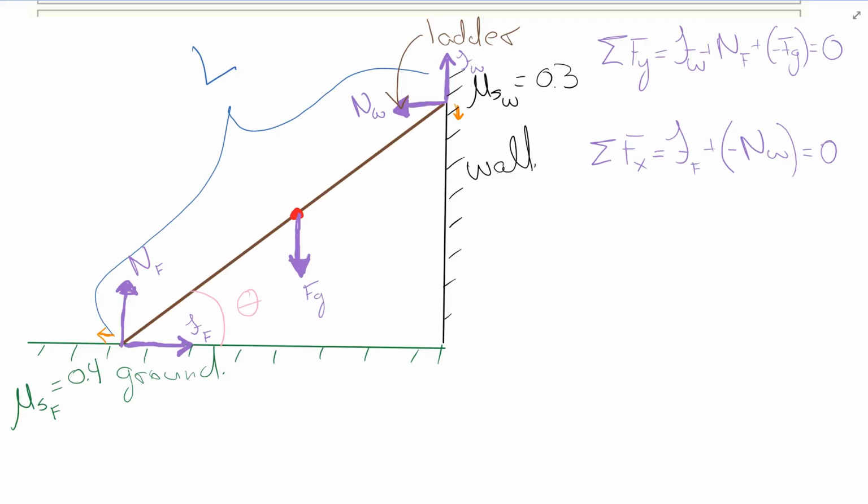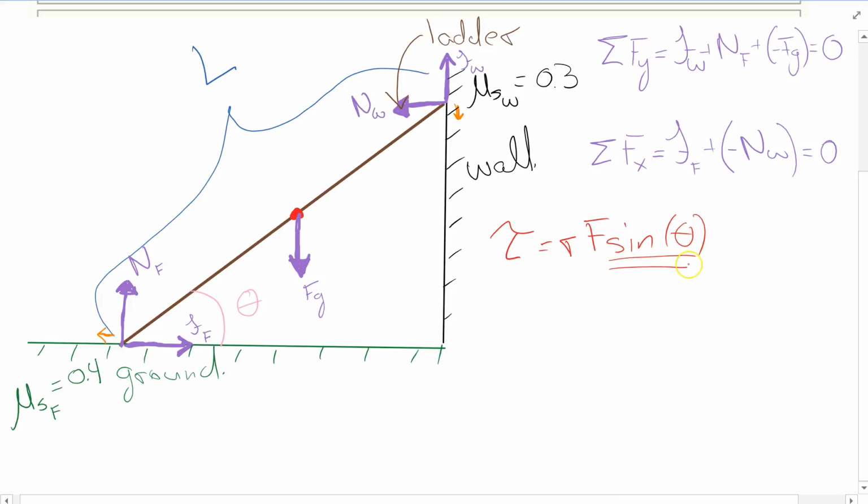Thankfully, we have a second condition, our sum of torques condition, and this condition will end up having an angle term in it, because if we remember, the equation for torque is r F sine theta, which is good because that means it actually has an angle piece in it.